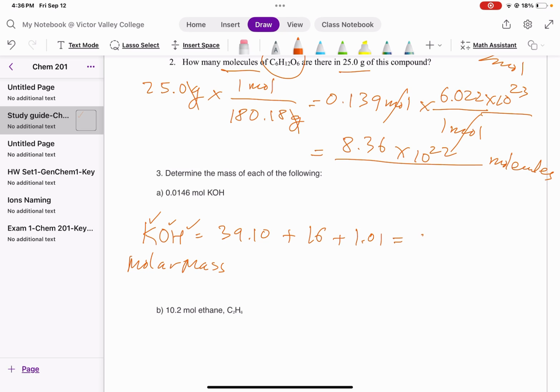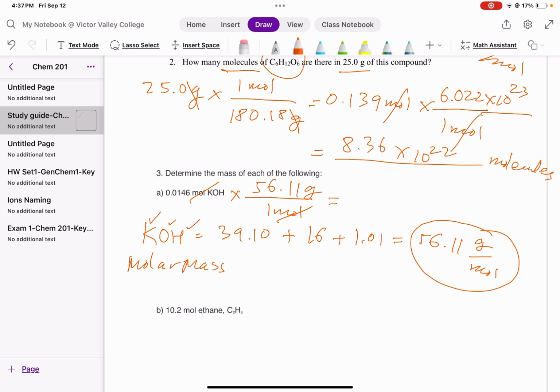So it should be 56.11 grams per mole. So we've got 1 mole. Notice I put 1 mole on the bottom so we can cancel out, 56.11 grams. We just calculated that. So that number 56.11 does not come from nowhere. It's the molar mass of KOH. So you do that, it comes out 0.819 grams. Final answer.